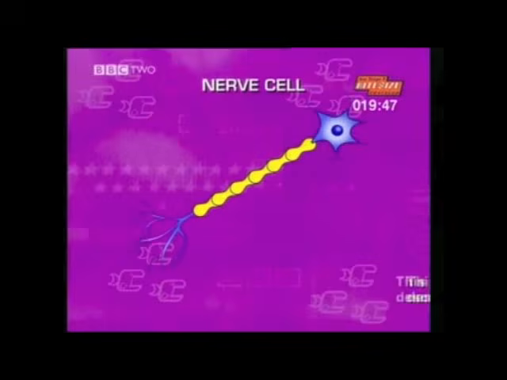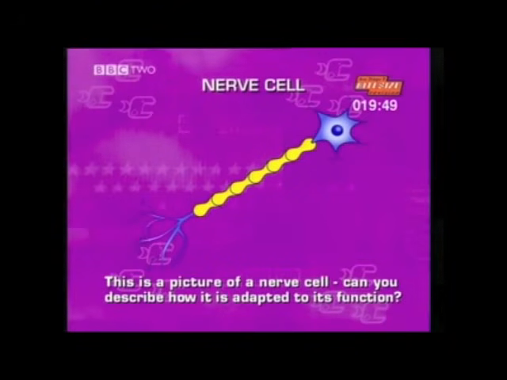Now, on the higher tier paper, you could get a question about a specialised cell you haven't actually studied or come across. A question designed to see if you can apply your knowledge and the facts you've learnt to a different situation. Let's try one. This is a picture of a nerve cell. Can you describe how it's adapted to its function?